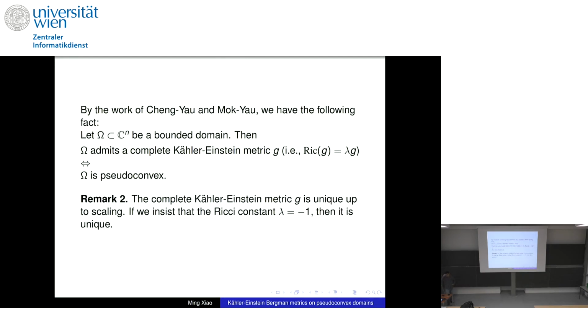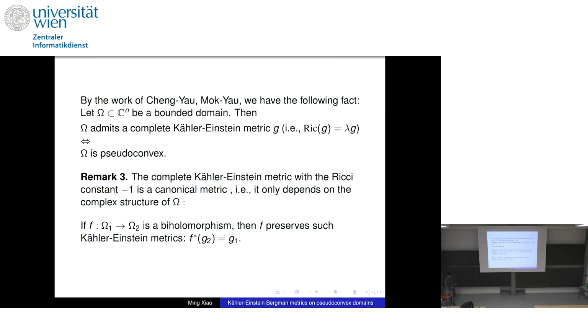And the second remark is that the complete Kähler-Einstein metric g is indeed unique up to scaling. If we further insist that this constant lambda to be -1, then it is unique. Then there's no more freedom of scaling. The last remark is that this complete Kähler-Einstein metric, if we impose Ricci constant -1, is canonical, only depends on the complex structure.